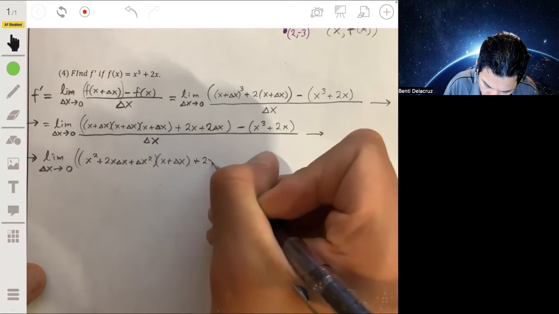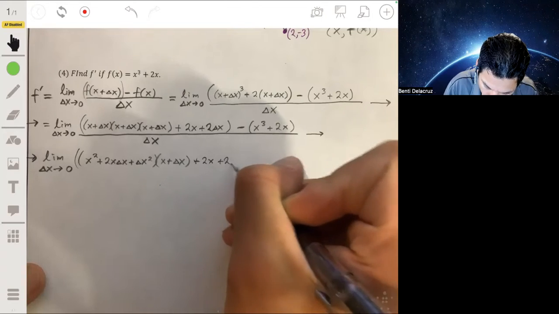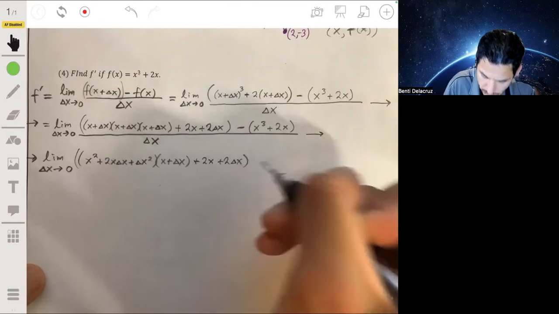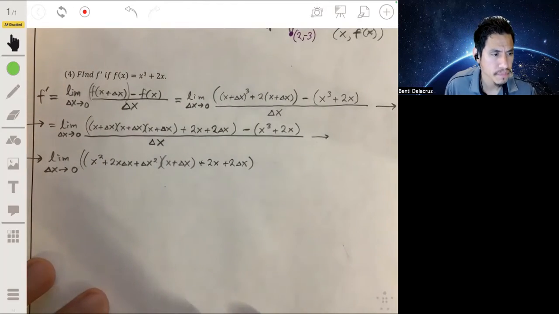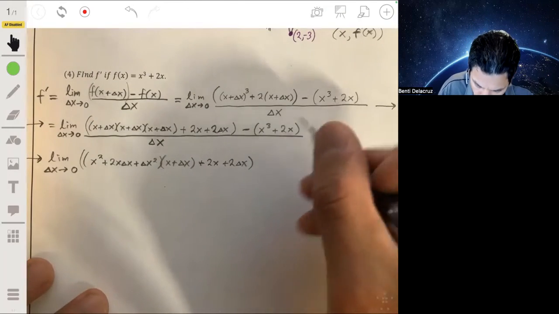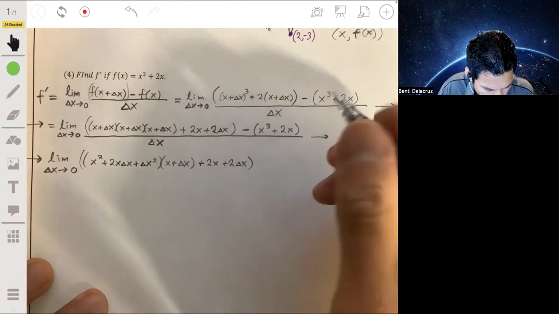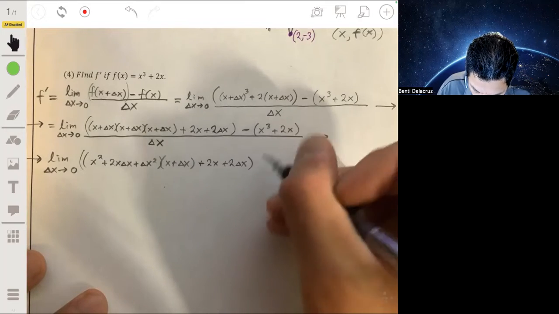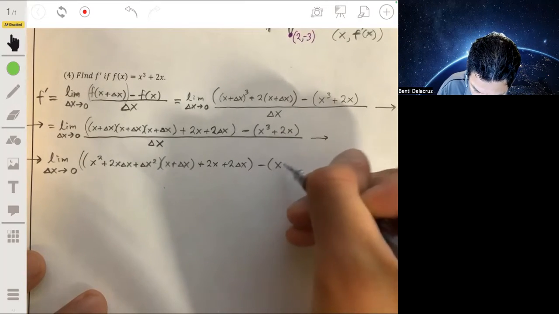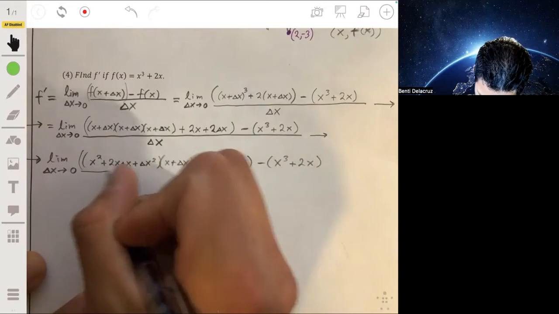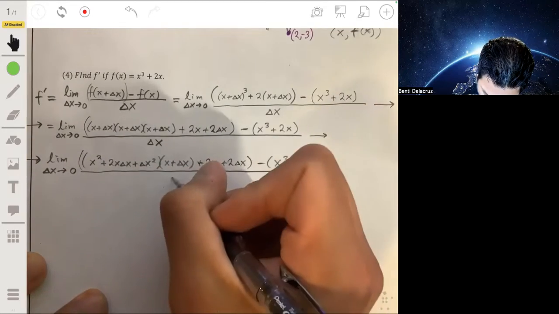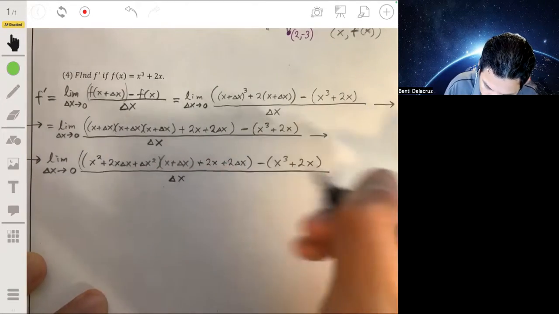So plus 2x plus 2 delta x, all that in there. And then we can go ahead and do minus the x cubed plus the 2x in parentheses still, all over delta x.